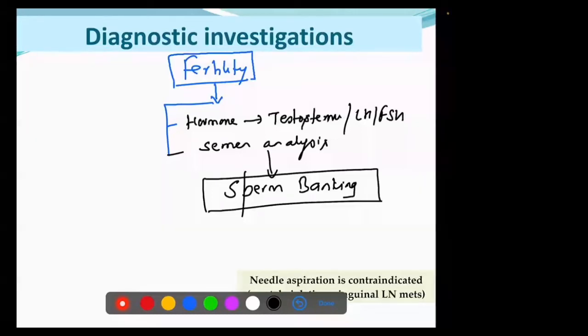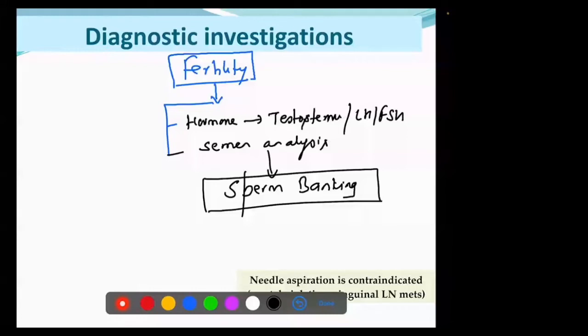That may affect the other remaining testis as well. So the quality and quantity of sperm that you will get after treatment is very, very less and poor. That's why we suggest the patient to do this fertility checkup and store the sperm in the sperm bank.